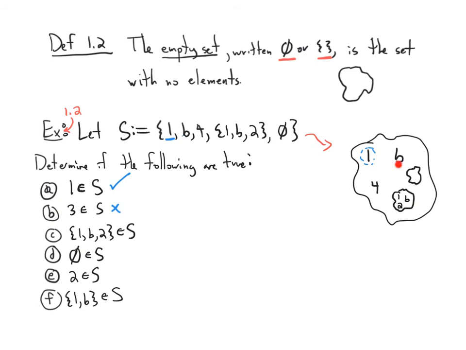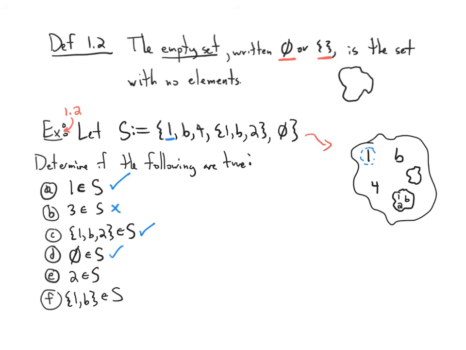I can pull out a 1, a b, a 4, this bag or the set containing a 1, b and a 2, and this bag containing nothing, or the empty set. So one of those things is this bag containing 1, b and 2, so this is true. The empty set, I can pull that out. Here's our empty set. I can pull that out.